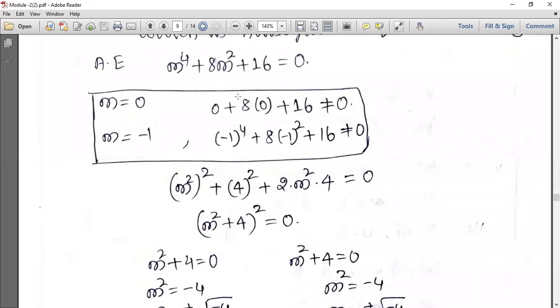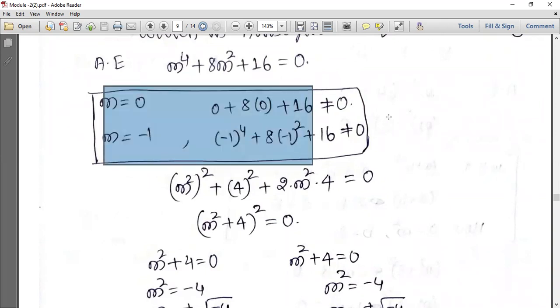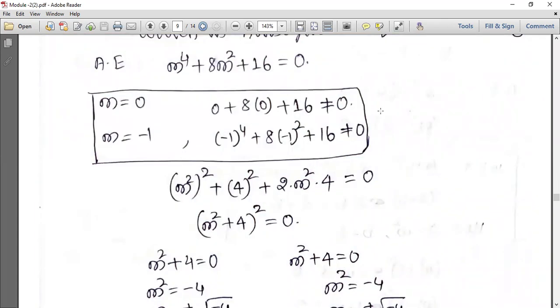So here I can go for some alternatives. Everyone, you can see here the m raised to 4. This method I'm not applying here, synthetic division I'm not applying.